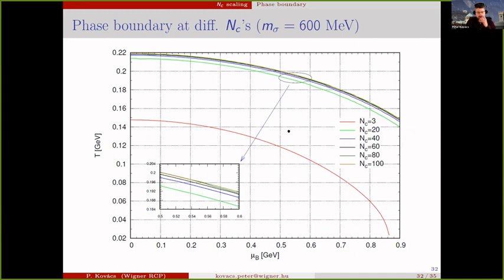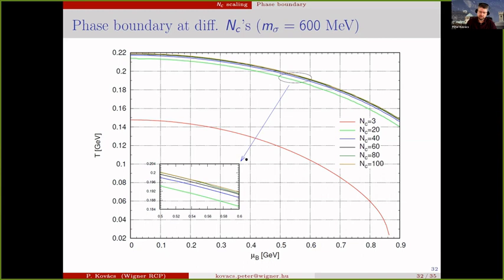Now the interesting part: what happens with the phase boundary. As I increase the number of colors, the phase boundary shifts upward, and there is a limiting curve which you approach as Nc goes to infinity. But we can see that in this parameterization we don't have a critical endpoint at larger Nc.